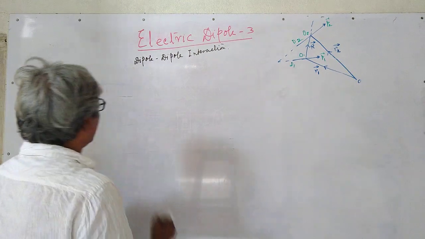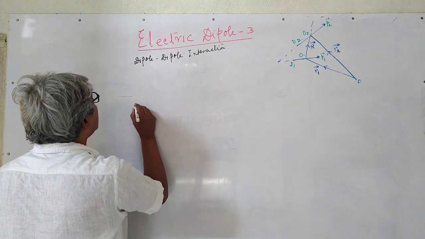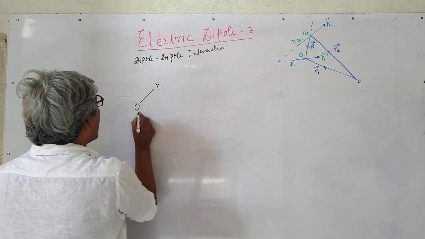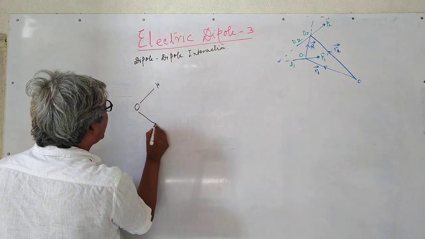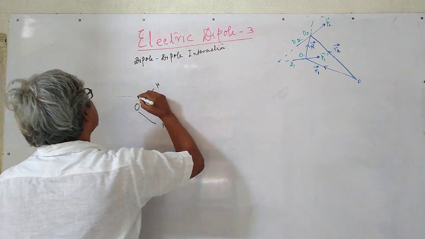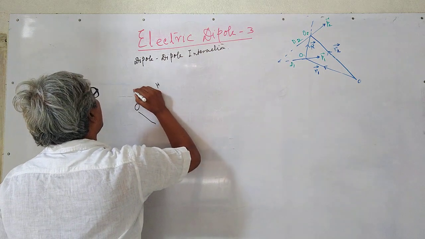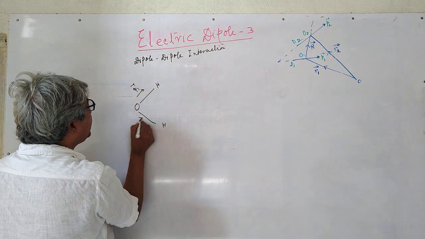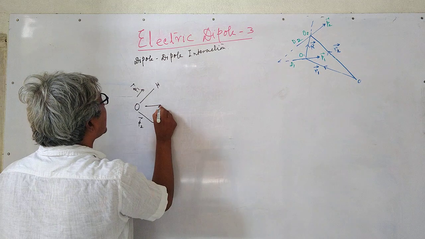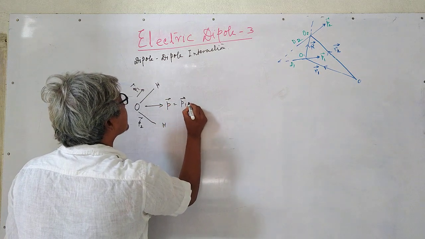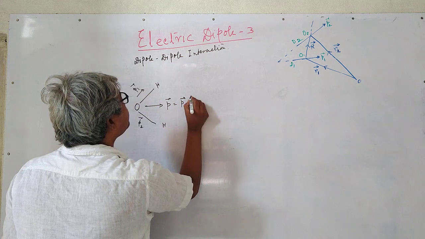Consider a water molecule. A water molecule is composed of two OH bonds. It is found that it acts as a dipole of moment P1, and this is another dipole P2, so that the resultant dipole moment is P, which is simply the vector sum of P1 and P2.